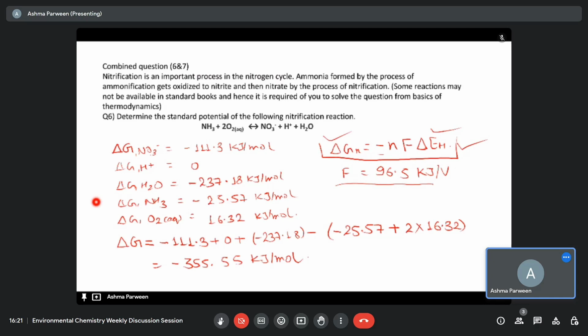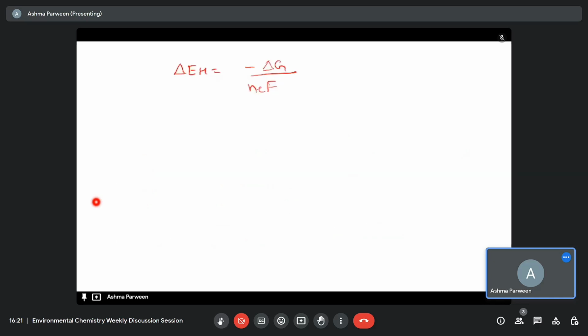Let's first write the oxidation half reaction. In oxidation, ammonia is getting oxidized to nitrate.